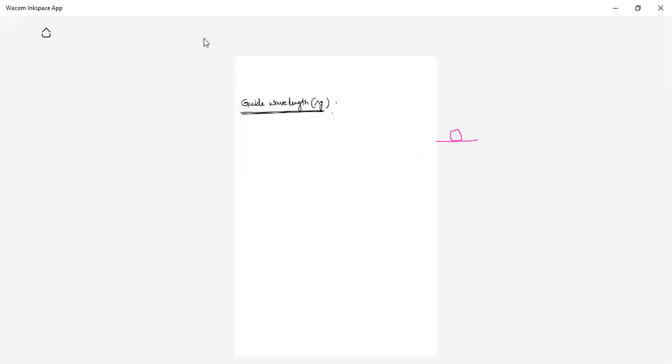Okay. Today we'll see guide wavelength. What is guide wavelength? Let us consider there is a waveguide like this. What is guided wavelength? The wave is propagating in the z direction.